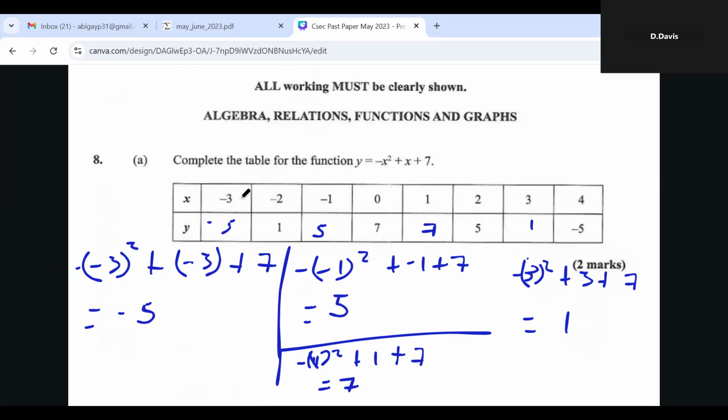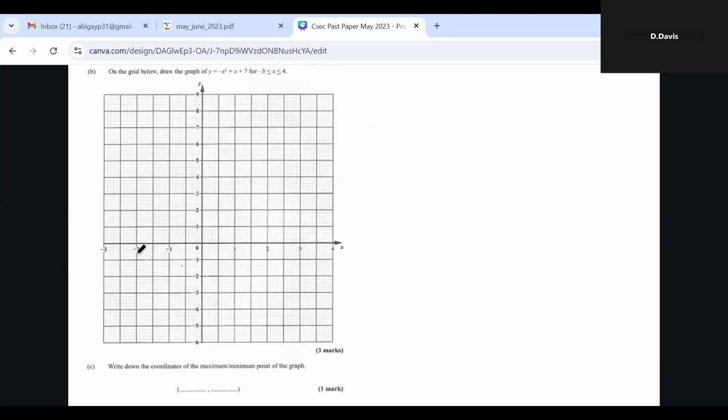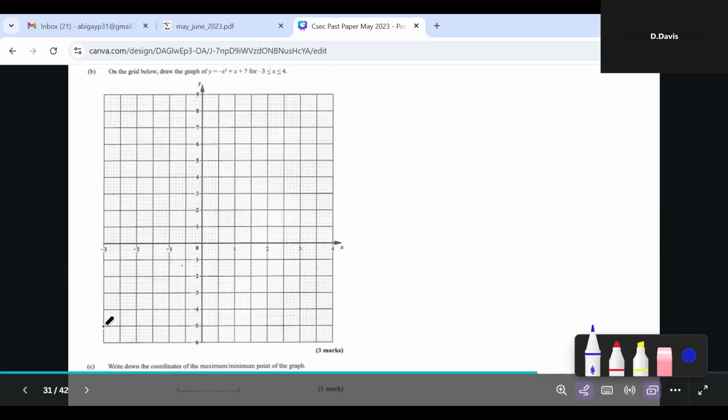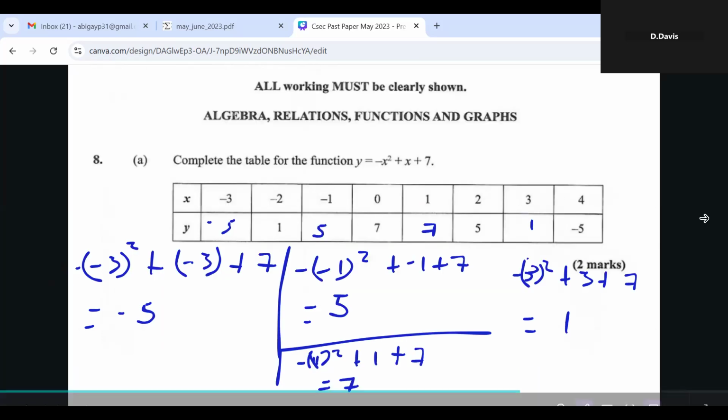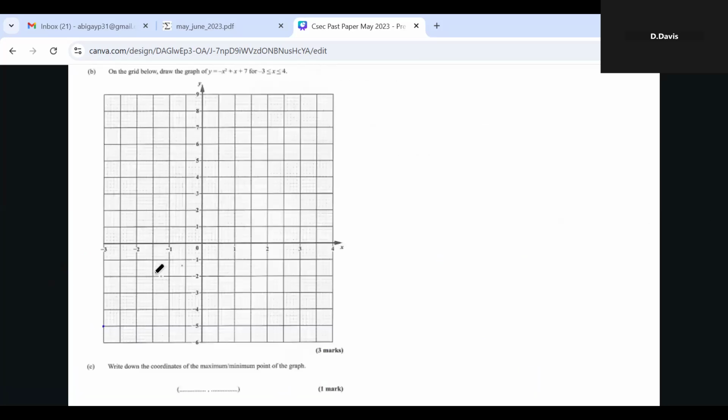So negative 3 and negative 5 would be right there. Negative 2 and 1 would be right here.